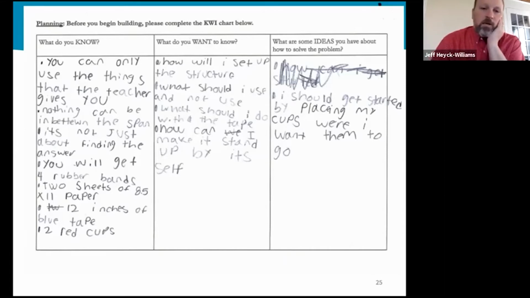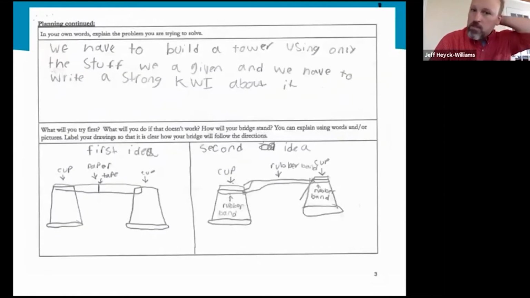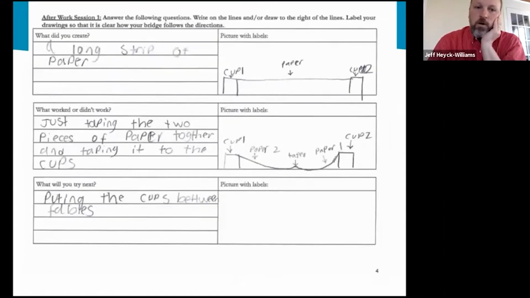And then similarly, we use these other questions like what worked or didn't work, what will you try next, as regular reflection questions. And then the one last piece that I find really, really powerful is asking kids what makes you say that.